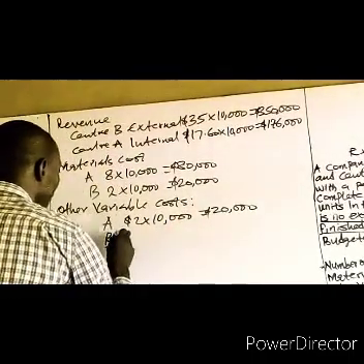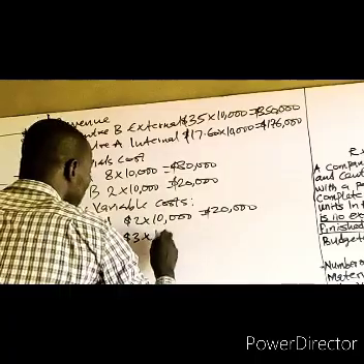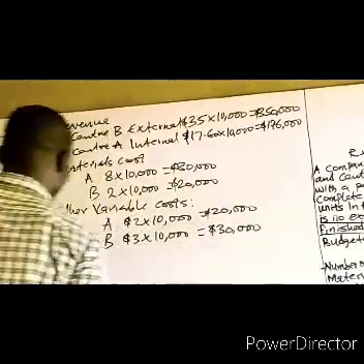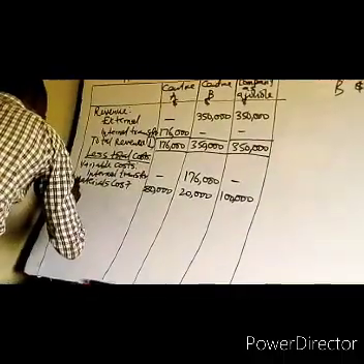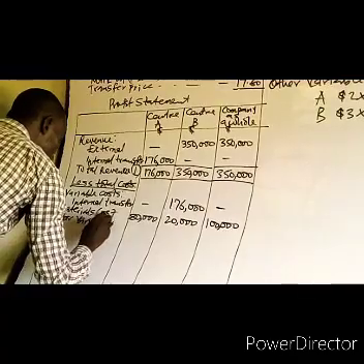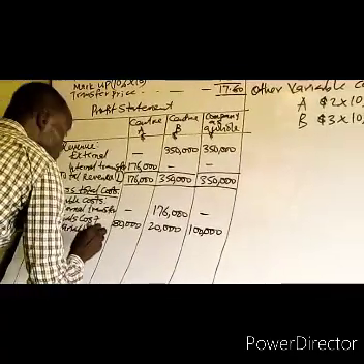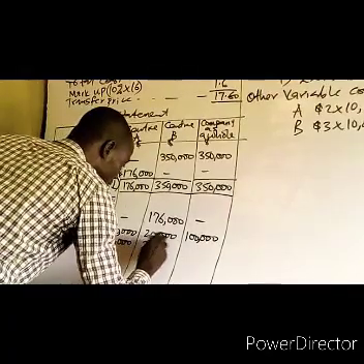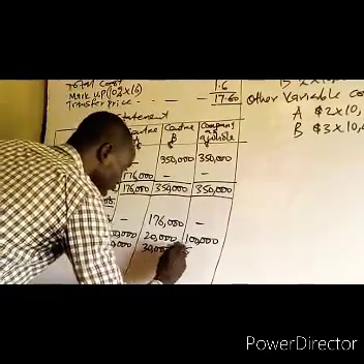For B, we have $3 times 10,000, and that will be $30,000. That is other variable cost, $20,000 and $30,000. Total, you have $50,000.